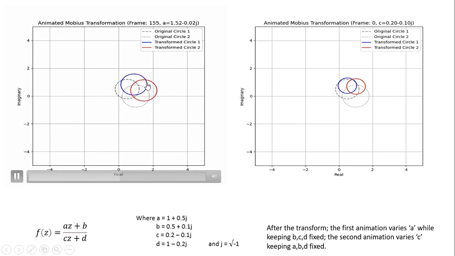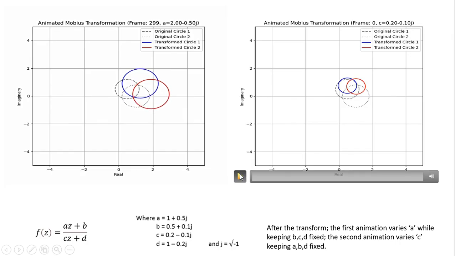And after that, here we keep every other parameter same and we vary a. So as we vary a, we see that these circles transform, but the angles at which the circles intersect remains the same throughout.